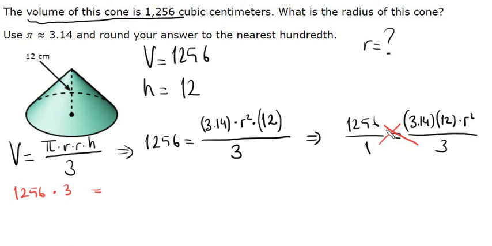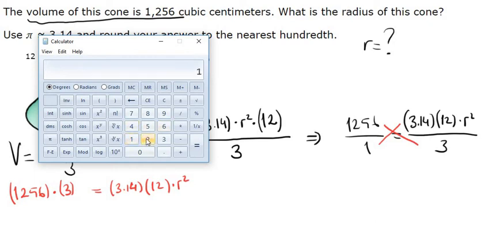If you multiply a number by 1, we are going to get the same number. So we can just write 3.14 times 12 times r squared. So let me put these also in brackets. Right, so let's find 1256 times 3.